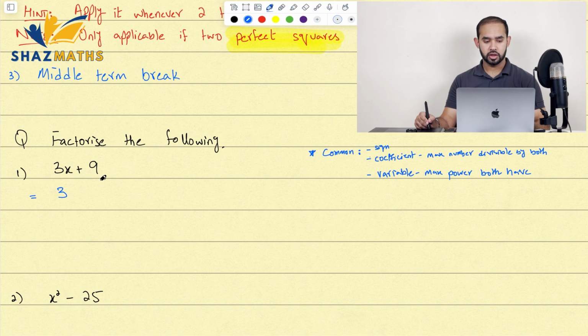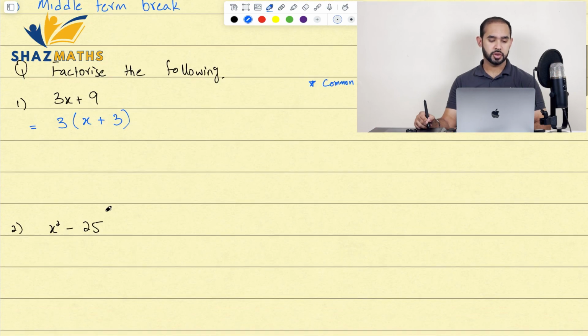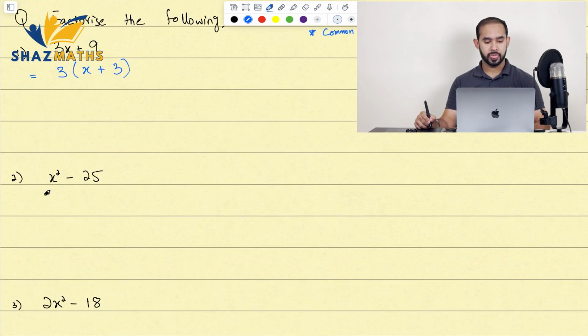That means there won't be any variable as common in this one. So let's put in the bracket. Inside the bracket, we will divide the terms by the number that we have taken out as common. So 3 by 3 is 1, x was inside so x remains, plus 9 divided by 3 is 3. So this is the final answer for the factorization of this expression. Okay, let's jump on to example number 2.